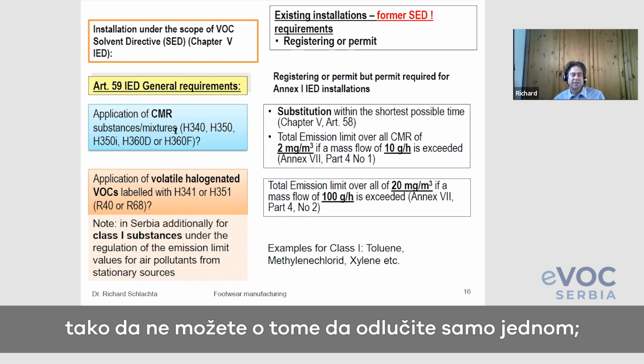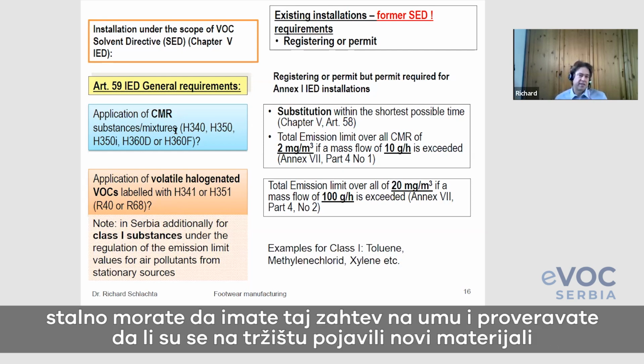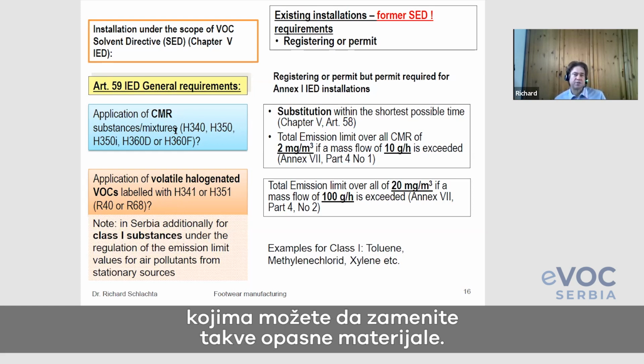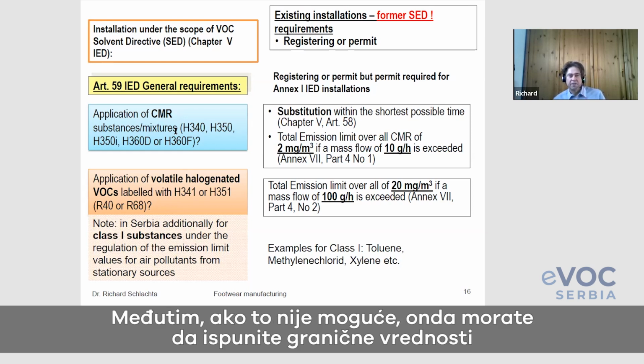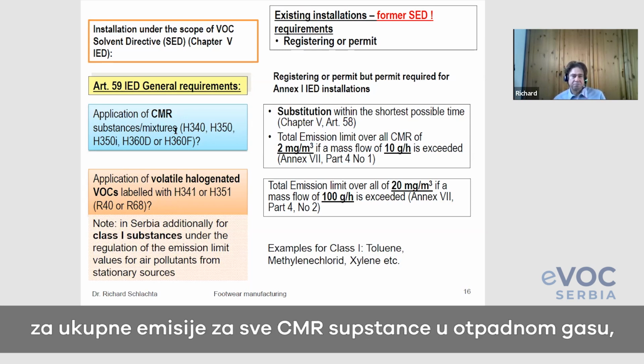And the substitution order is always valid. So it is not that you decide only one time. It is a requirement you always have to keep in mind, checking if there are materials available on the market where you can substitute such dangerous and hazardous materials. But if it's not possible, then you have to comply with the total emission limit for overall CMR in the waste gas.